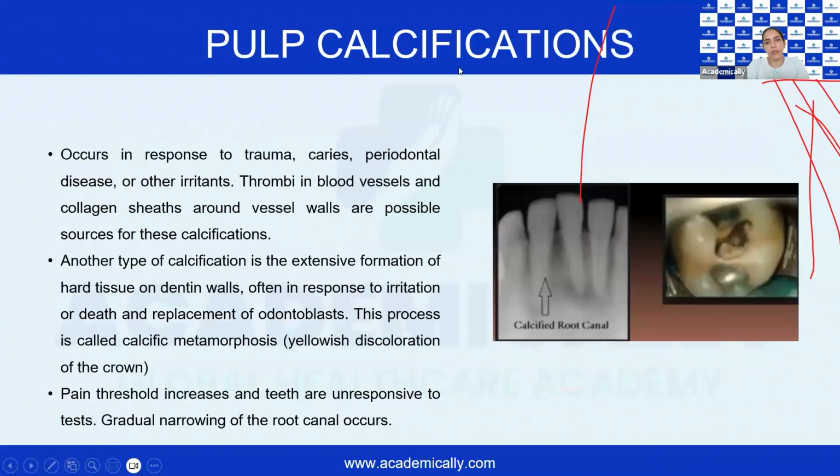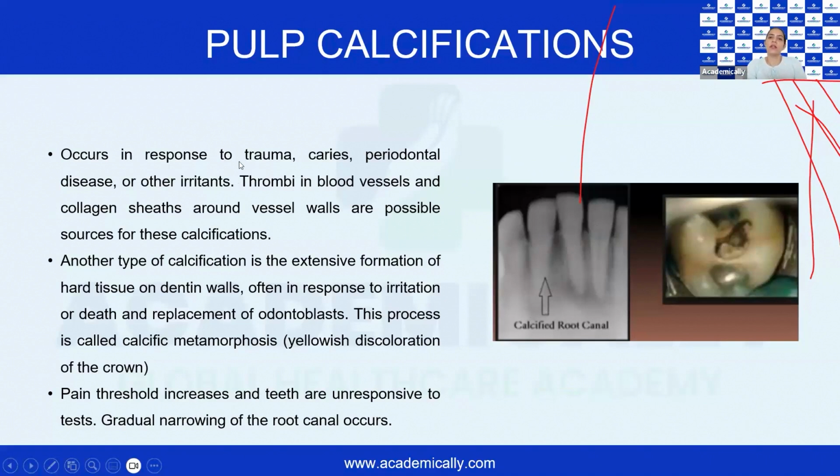Then we have pulp calcifications. Here, odontoblasts became active and started producing hard tissue inside. It was supposed to be a sound root with a patent root canal, but here we cannot see a patent root canal. So it has filled the tooth with calcific matter. That is what pulp calcifications are.